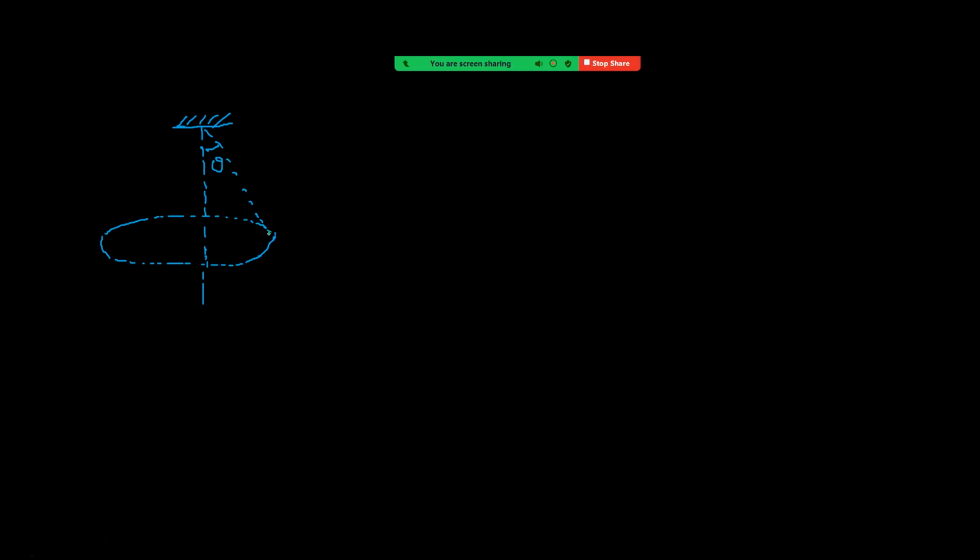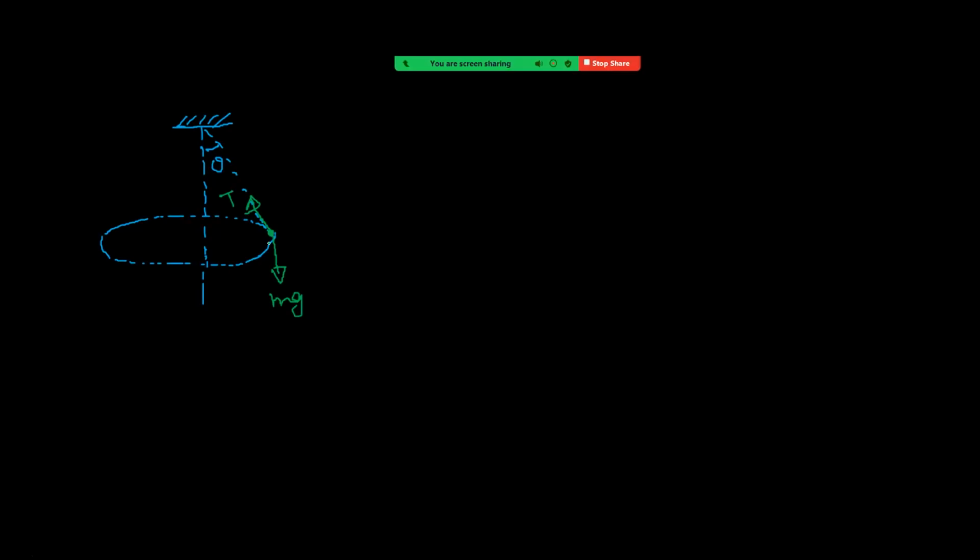Therefore, again, we have to focus first of all on the free body diagram. So mg vertically downwards, tension along the string length. So only two forces are acting on the particle.